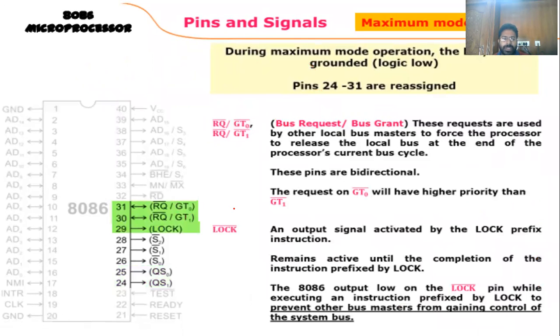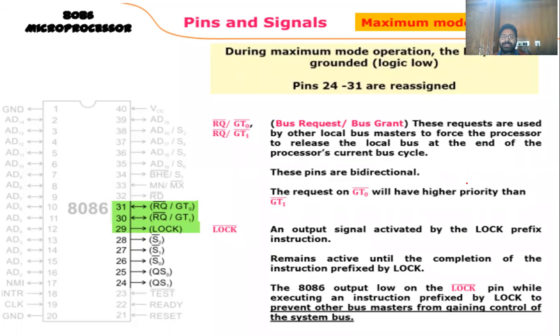Next, RQ/GT1, the bus request and bus grant signals. What do these mean? The microprocessor is connected with many different devices, namely memory and input output devices, connected by buses, the address bus, data bus, and so on.